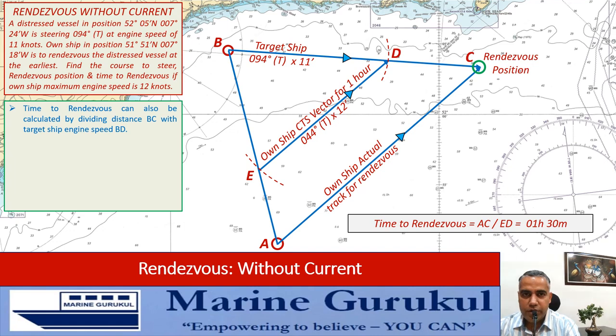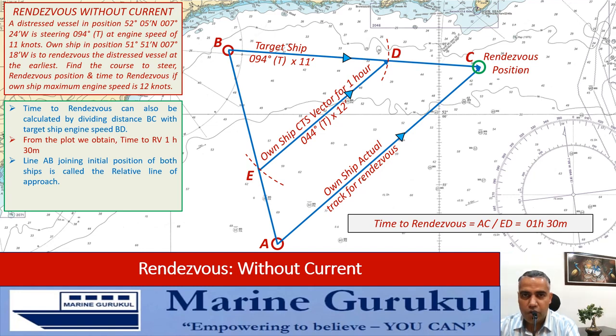I would like to add on a few things just for the sake of conceptual understanding. One, the line AB, Alpha Bravo, joining the initial position of both the ships is basically the relative line of approach. Two, if you look at the plot closely, you will observe that the question has been solved using the concept of similar triangles.